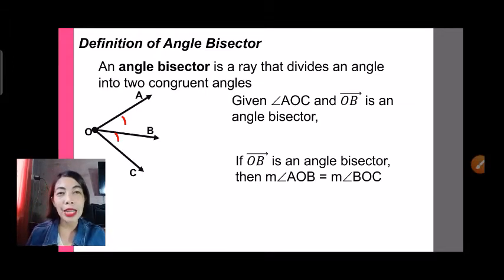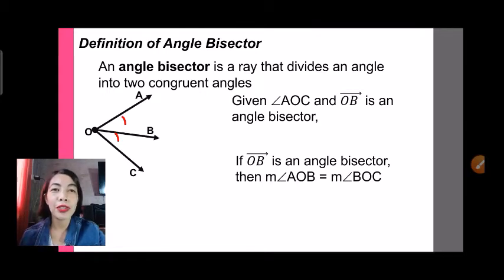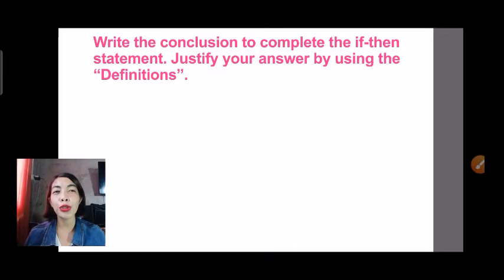Ngayon naman, gagamitin natin yung knowledge natin, yung natutunan natin about the different definitions related to angles in logical reasoning. Write the conclusion to complete the if-then statement and justify your answer by using a definition.